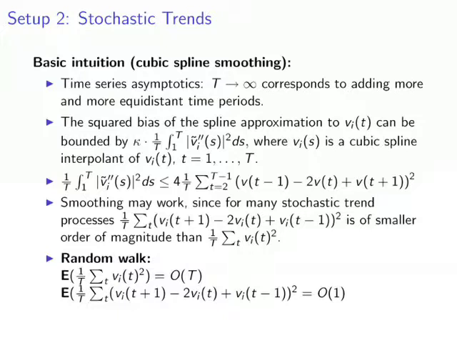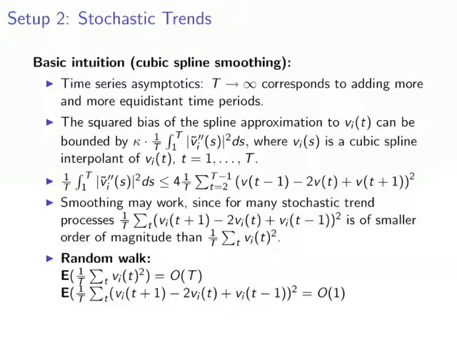And nevertheless, here smoothing has an interpretation, even in this case. Usually you say smoothing means I assume a smooth function, twice continuously differentiable. There's nothing about twice continuous differentiability if you consider a random walk.